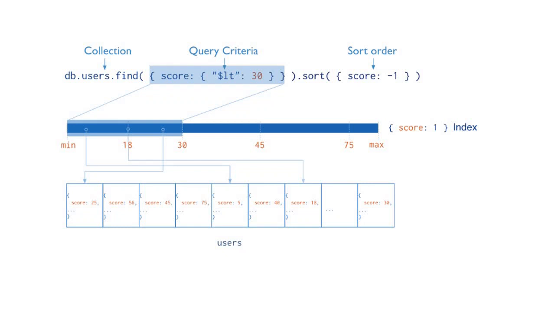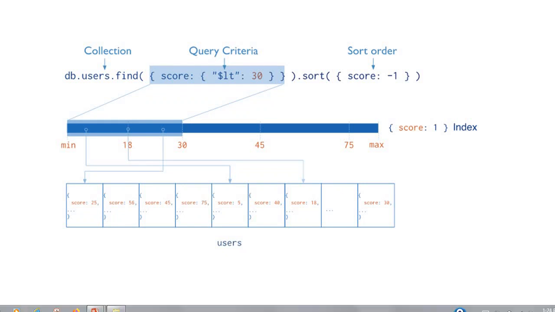So it is like 5, then 18, then 25, and so on. So for the query where the score is less than 30, it has to inspect only a few documents to return the result of the search query. So this is what an index is.